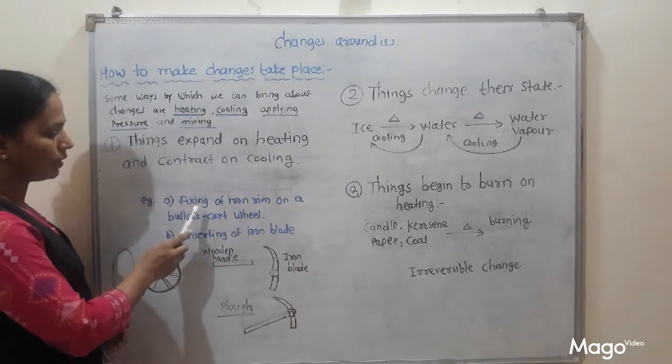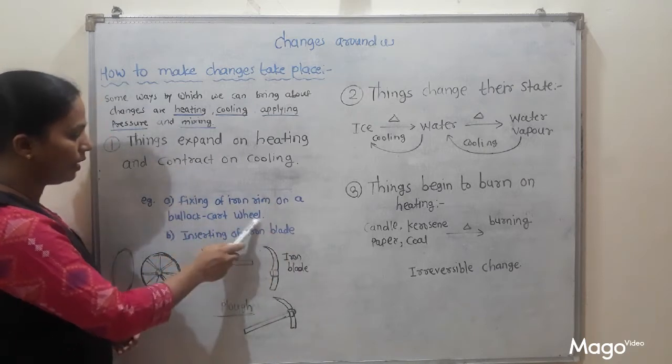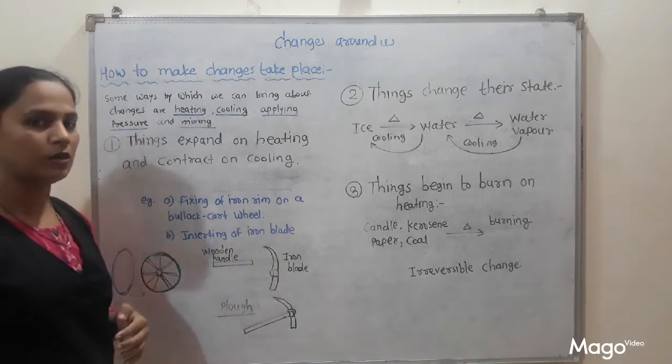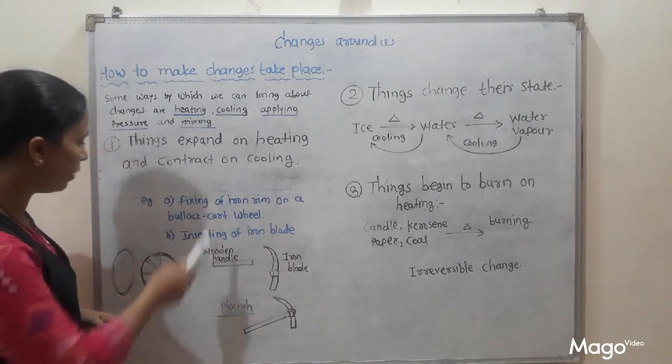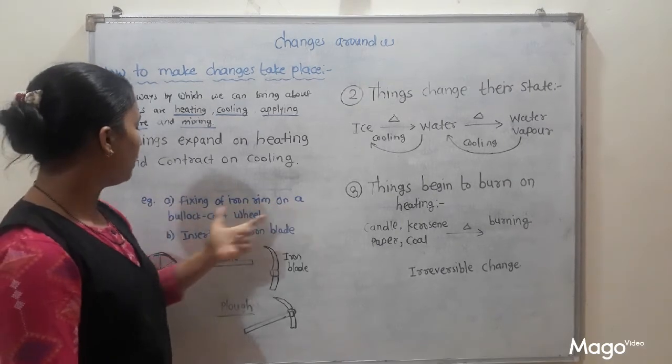Two examples are there: fixing of an iron ring on a bullock cart wheel, and inserting of an iron blade. I am going to explain them one by one. First example is fixing of an iron ring on a bullock cart wheel.